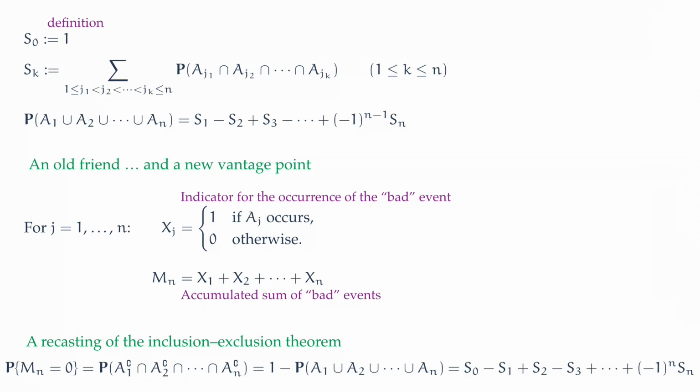We said the probability that m sub n is 0, that no bad events occur, is given by this alternating sum starting at 1. S0 is 1 minus S1 plus S2 and so forth. And this opens a door for a generalization which is quite powerful.